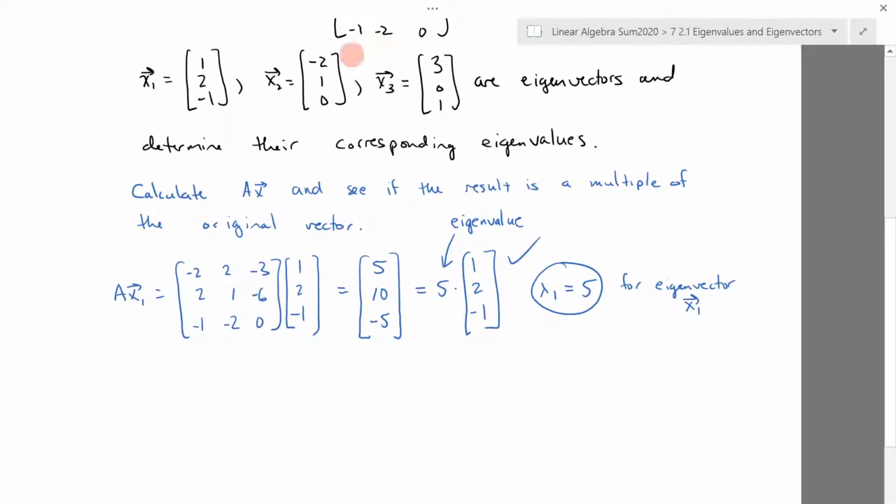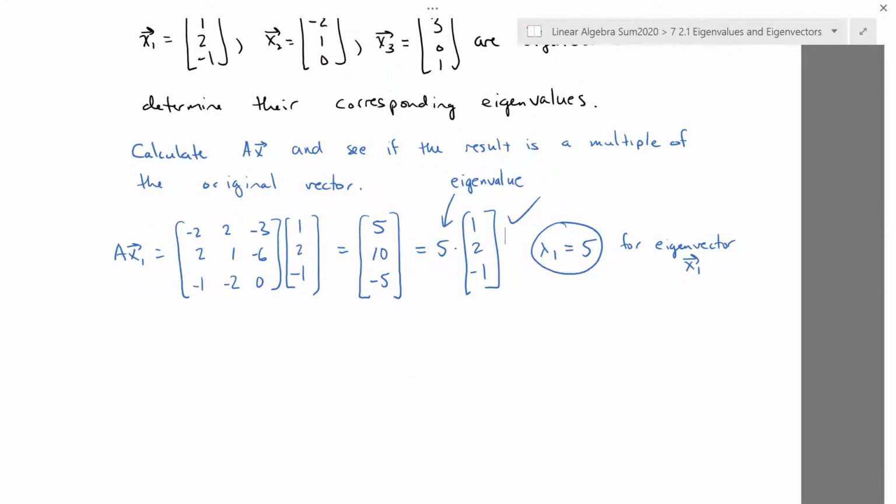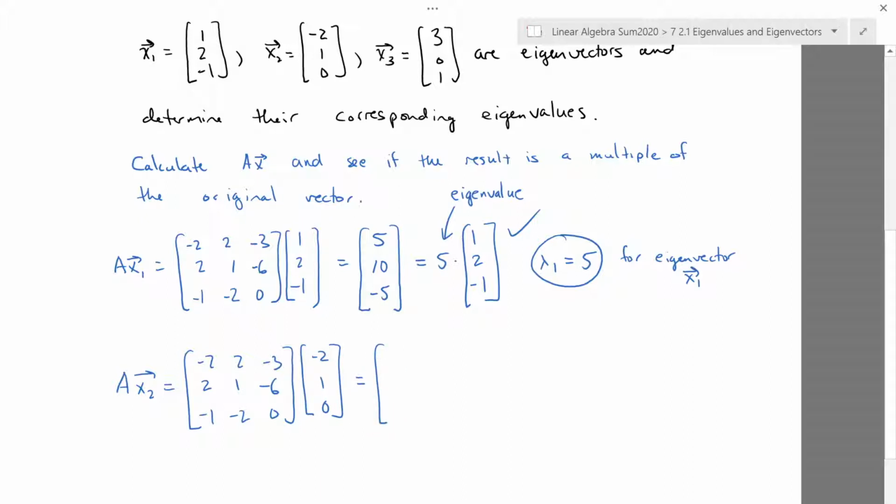And now we perform the same calculation for x2 and x3 and try to find the eigenvalue. So A times x2. A is still the same matrix, so we copy it down here. X2 is the vector negative 2, 1, 0. And now we carry out the matrix multiplication. So this is 4 plus 2, 6 plus 0 is 6.